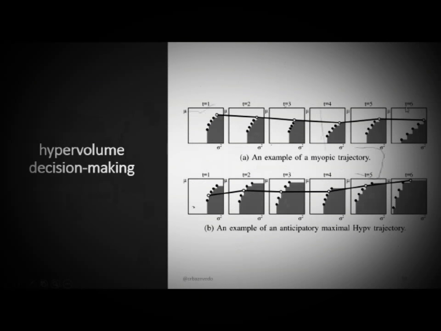So by the time I arrive at decision stage T6, I may have worse options, which means that the hypervolume available to me in my action set at decision stage T equals 6 may be lower than with another kind of decision-making strategy.